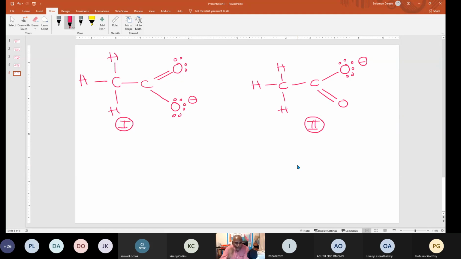So when you see an element forming the number of bonds it usually forms, that element will be neutral. Like if you look at oxygen in a chemical compound and you see that oxygen has got 2 bonds, these could be 2 single bonds, or 1 double bond, okay?